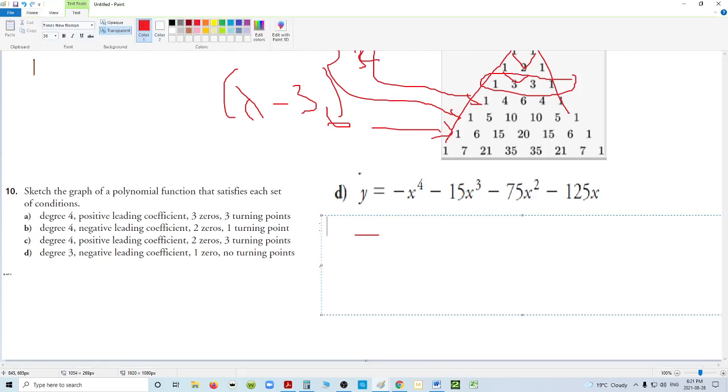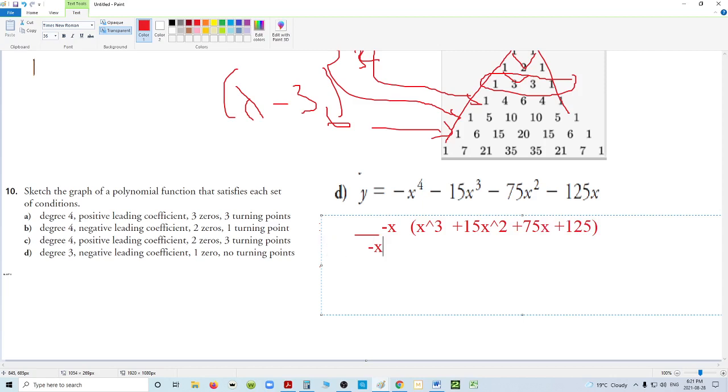It's sometimes really tricky. So you get minus x, and you're left with x cubed minus 15. Oh, plus 15 because I took out a minus x. X squared. And then I'm left with a plus 75x. And then the last one, plus 125. Now I can see that I'm dealing with a cubic.